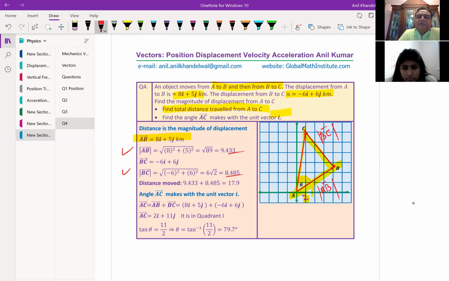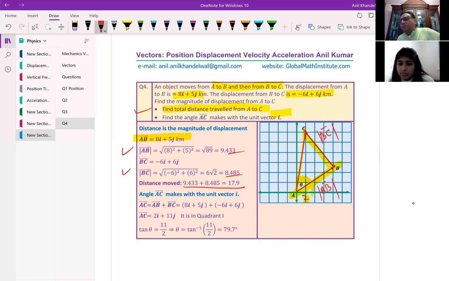Those are the distances. Add them up to get the total distance, and so you get the first part. You can't find the magnitude of AC and use that, because that will be the displacement. You have to individually add the distances to get the total distance.